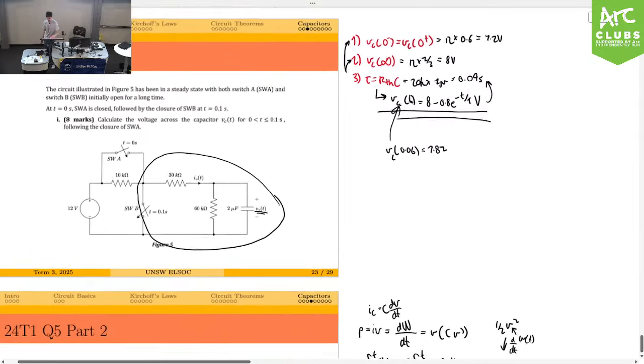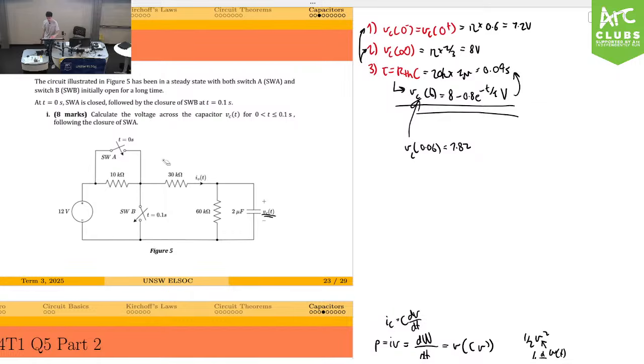The next thing is that if I'm only considering the right-hand side and I've disconnected my power source, then naturally as t goes to infinity, the capacitor is going to discharge into the resistances. I could just make an open circuit here and then you realize there's no power source, so the voltage has to be 0. But hopefully by inspection, it's obvious that it's 0 volts.